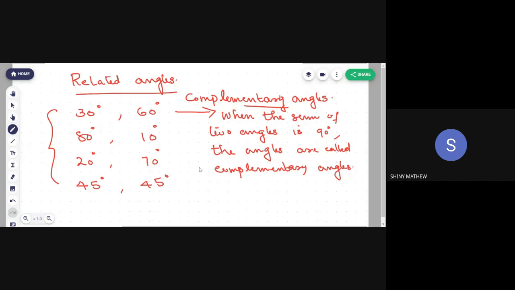That is an important definition. Underline that, complementary angles. When the sum of two angles is 90 degree, the angles are called complementary angles.